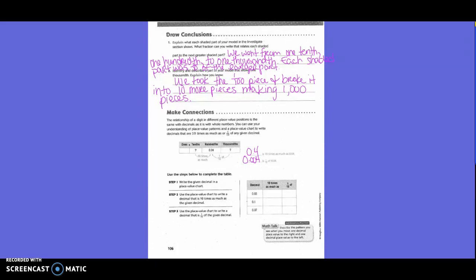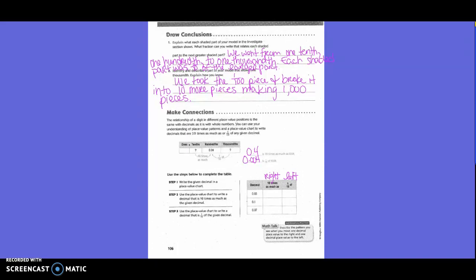So write the given decimal in the place value chart. Use the place value chart to write a decimal that is 10 times as much as the given decimal, and then we're going to do one that is 1/10 of it. So we said 10 times as much. Are we going to the right or the left? Right. And 1/10, we're going to the left. Okay.